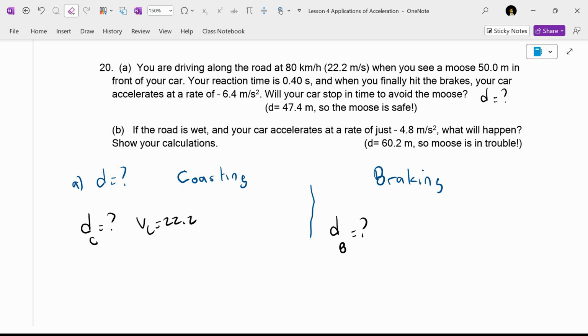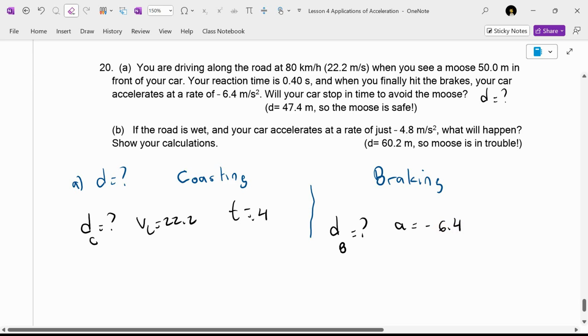My reaction time is 0.4 seconds. So I see the moose. Hey, moose! That took 0.4 seconds. Have I hit the brakes yet? So it's still while I'm coasting. T is 0.4. Now I hit the brakes. A is negative 6.4. That's while braking.